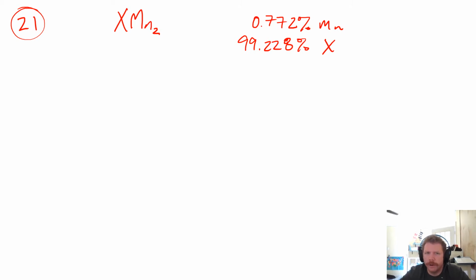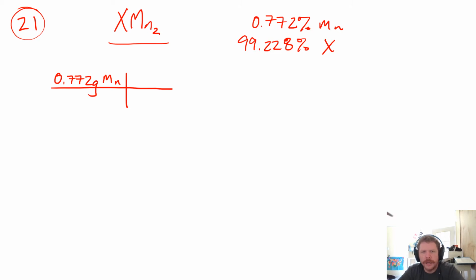Okay, now this is a kind of tricky question because we already have our ratio. We already have our molar ratio of X to Mn2, or X1 Mn2. So the way that I'm going to work through this problem is I'm going to figure out the number of moles of manganese and then relate that to my number of moles of X. So I'm going to set this up as 0.772 grams of manganese.